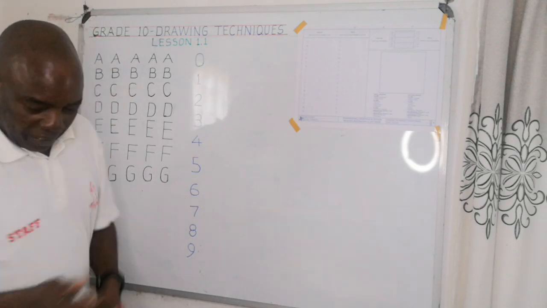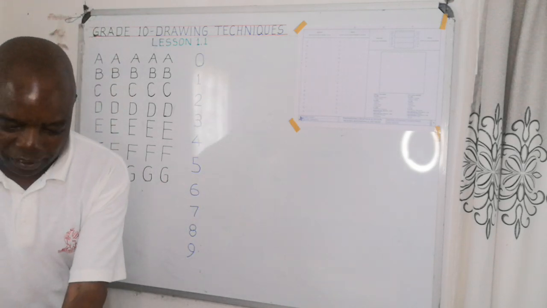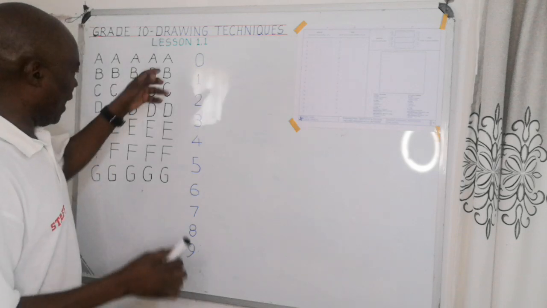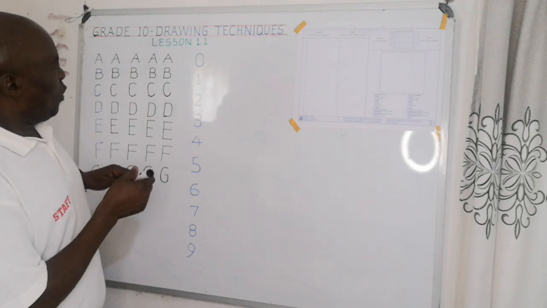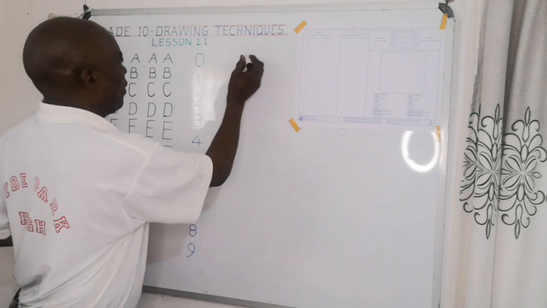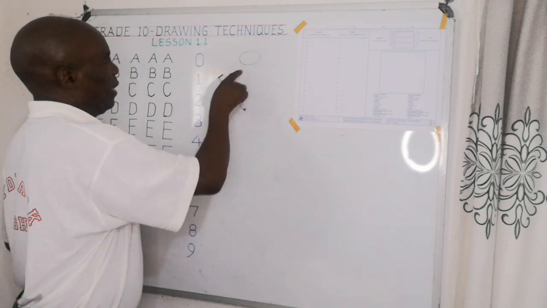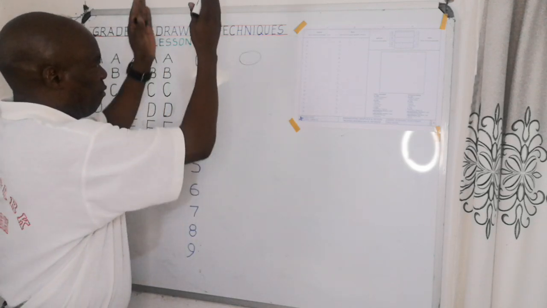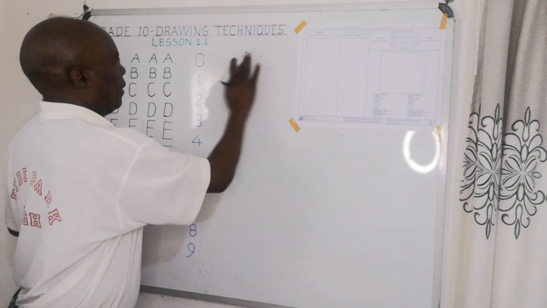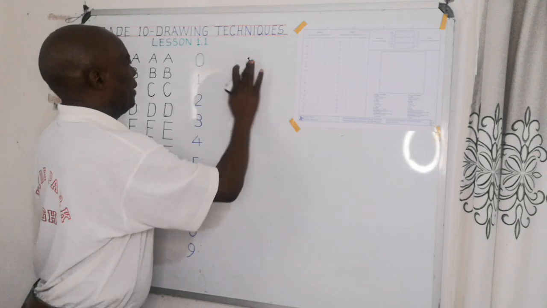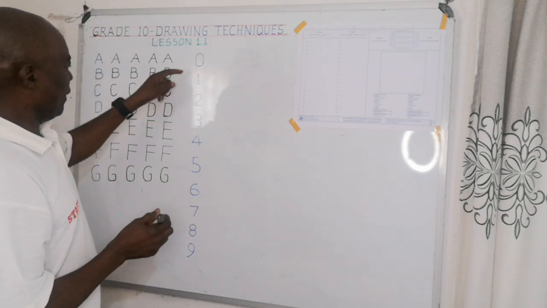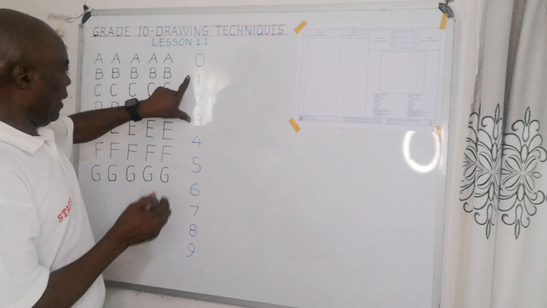And then when you are copying, please make sure that you copy them as they are given. You don't write a 0 like this, a 0 like this. It must be longitudinal, vertically, right? And then the 1 is like that, 2, 3.